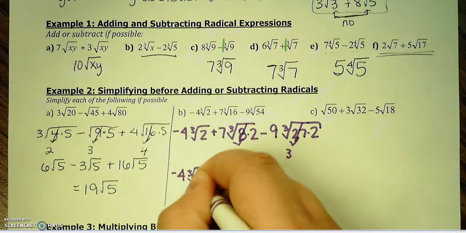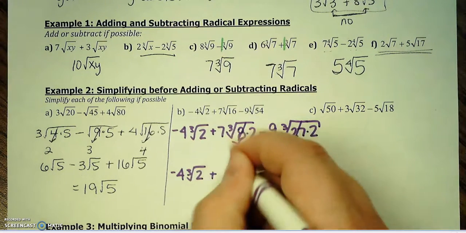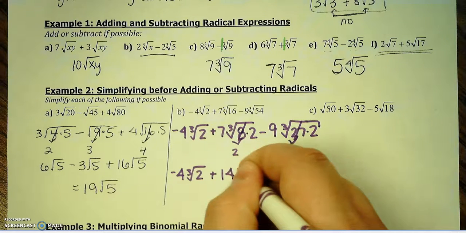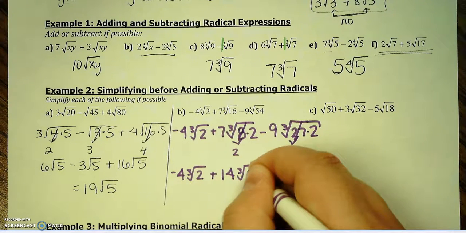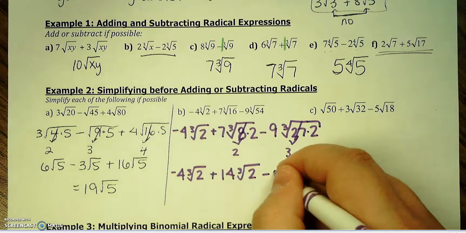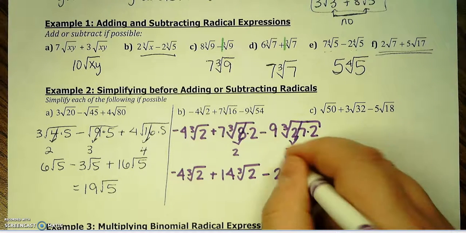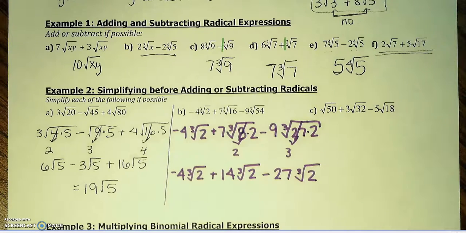If you have something in front already, go ahead and multiply. So that's 14 cube roots of 2. And then this is going to be 27, 3 times 9, cube roots of 2. And so now, it didn't look like it, but we end up with like radicals here.